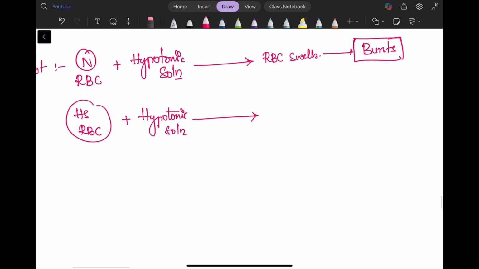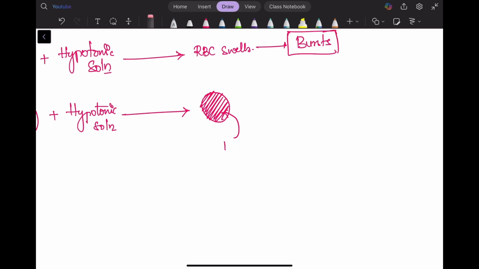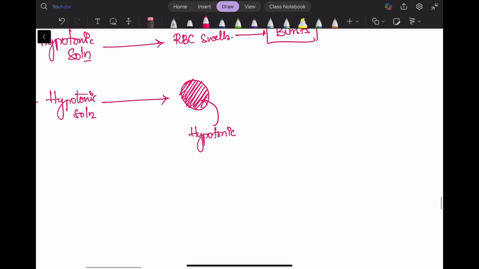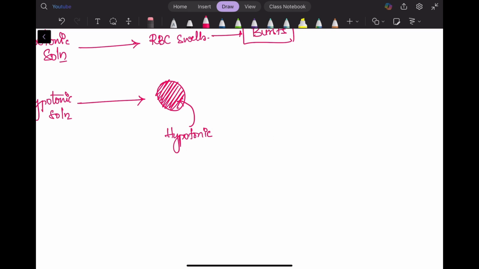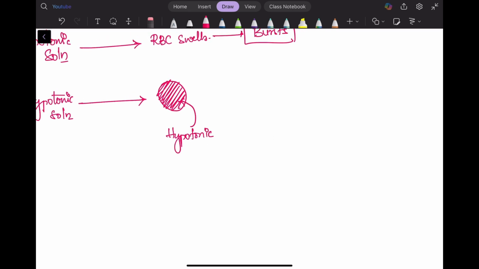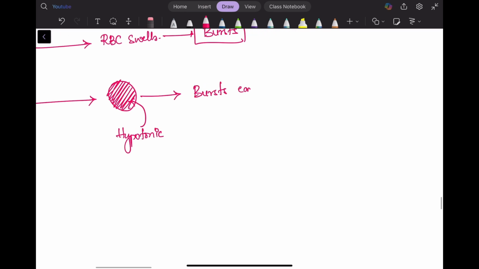Then what happens? Already it is compactly arranged. If you pour more water into it, then what happens? I mean, water meaning hypotonic solution. Now don't spam in the comment section, sir, you told me water, but hypotonic solution. It's hypotonic solution. Okay, confusion? No confusion, right? Then what happens? It bursts early.